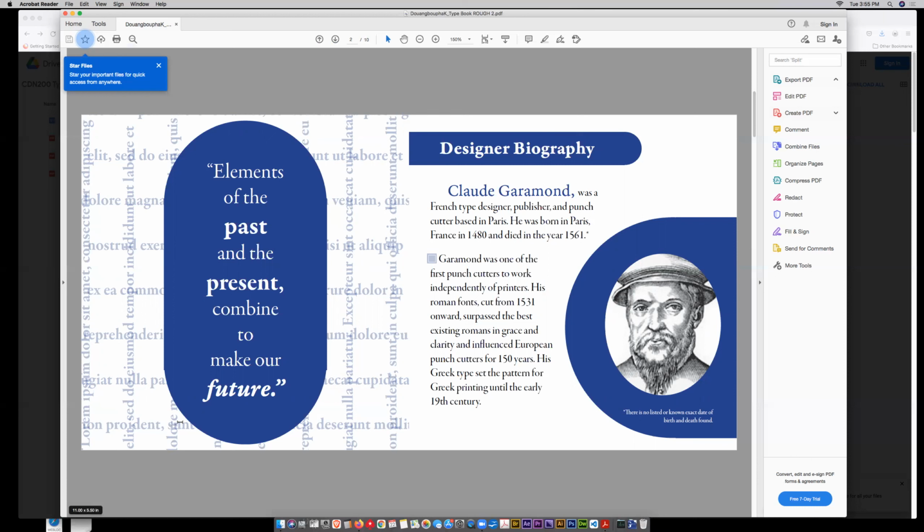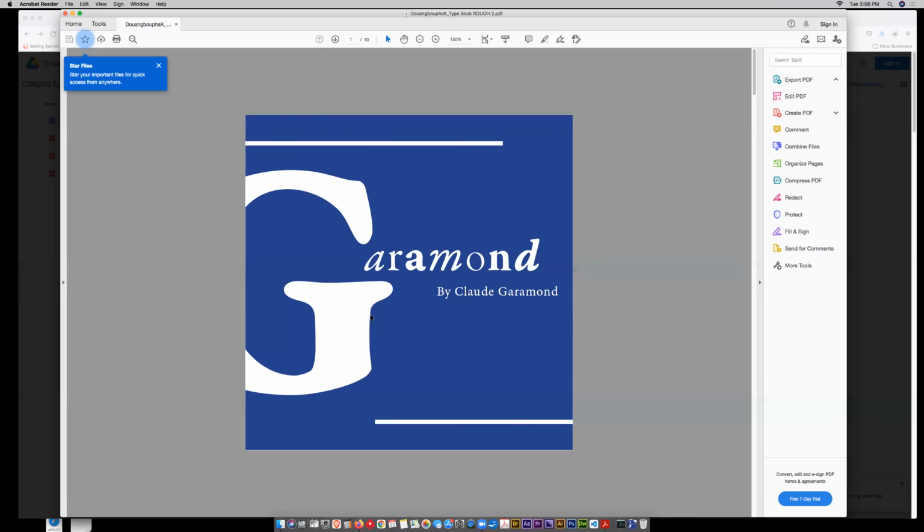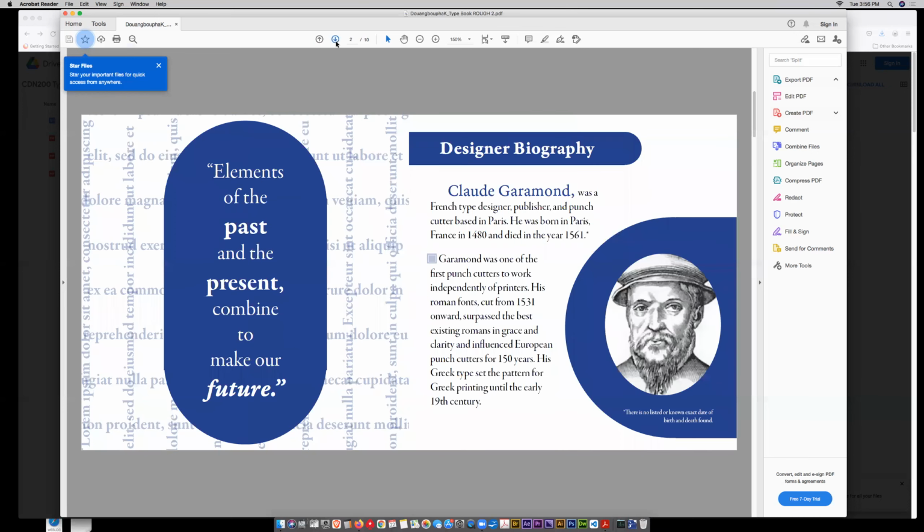I'm leaning on long vertical letters, or this could be a very large version of one of the serifs from any one of these letters. I think earlier I mentioned it could be something like this, or the bottom part there. Even that pill shape that comes down could be a real big blown up part of this G that comes off the page. So that's something to play around with.